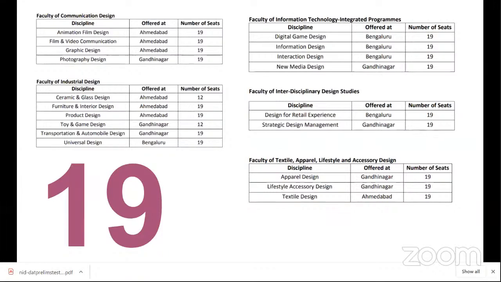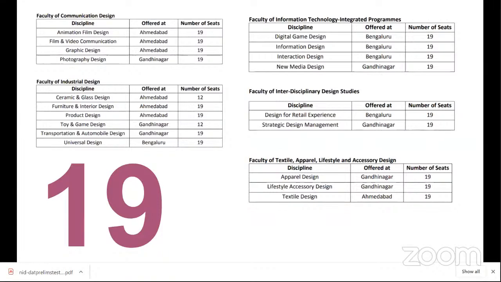In 2021 as well, they are going with discipline specific questions. In 2018, it was a general paper for all disciplines, just one simple, plain, very common paper, very simple compared to the M.Des paper. So they have been trying to experiment and see how they can shortlist the bright candidates.